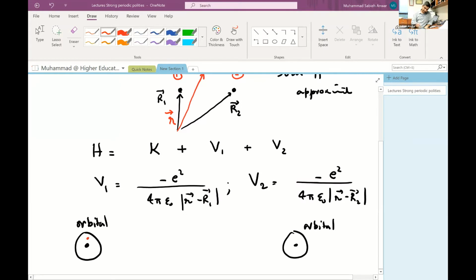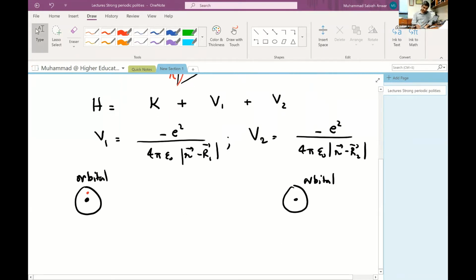And we know that we can define an orbital called ket 1, which signifies that this orbital belongs to atom 1, and we know that this will be an eigenstate of the Hamiltonian for atom 1, which will be K plus V1, just V1, no consideration of V2 whatsoever. And the energy, let's call this energy E naught.